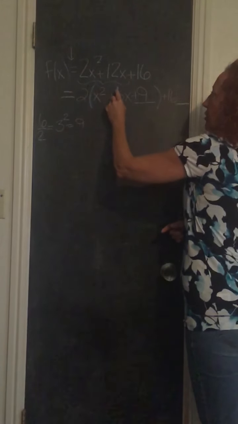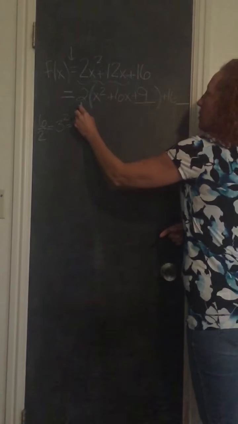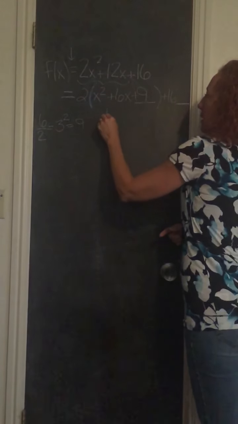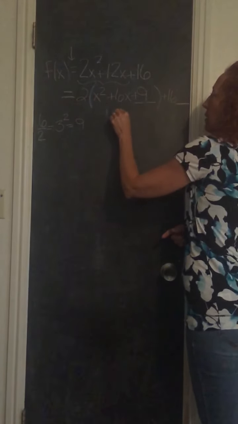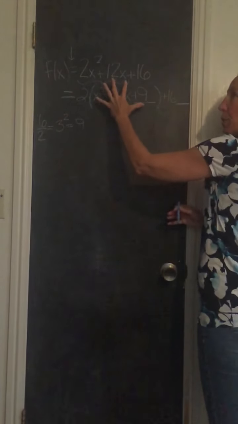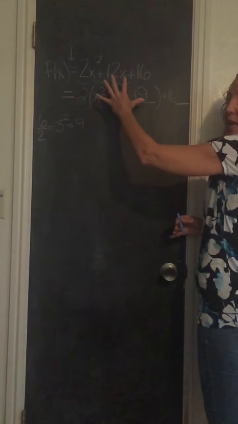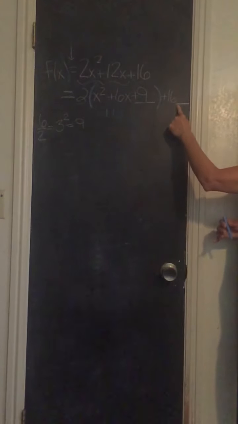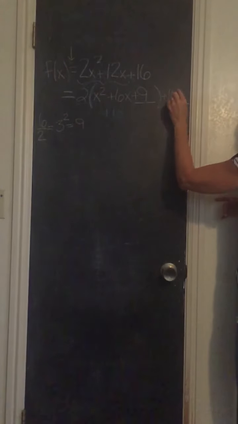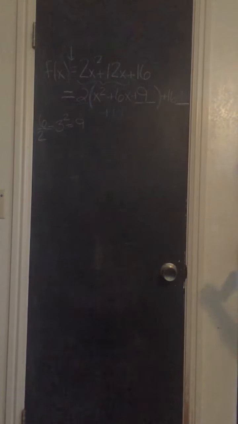Well, if I were to distribute this, 2 times 9 is a positive 18. So what I really put here is a plus 18. So the number that has to go in the back that needs to be its opposite is a negative 18. So in the back, I'm going to put a minus 18.